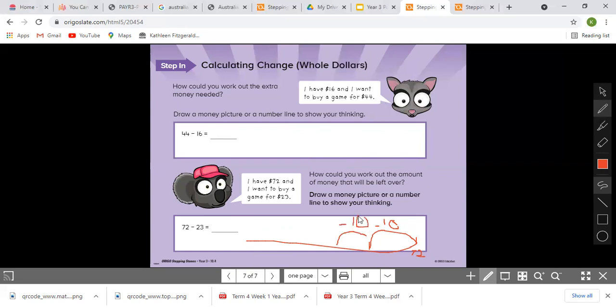Now we've got to do a jump of 3, so we're at 72, 62, 52, and now 3 jumps of 1s, 52, 51, 50, 49. There's our 3 jumps. So the answer would be $49.